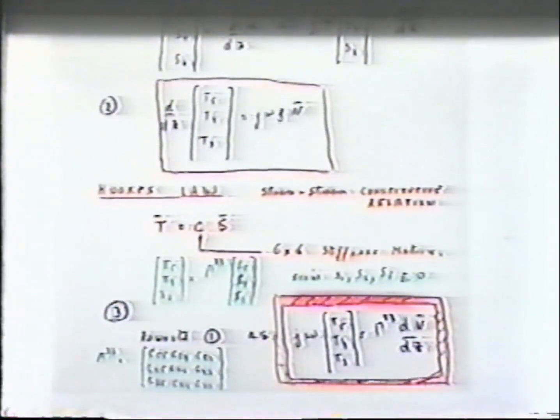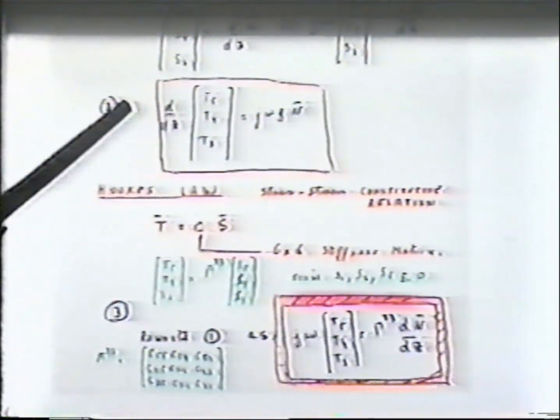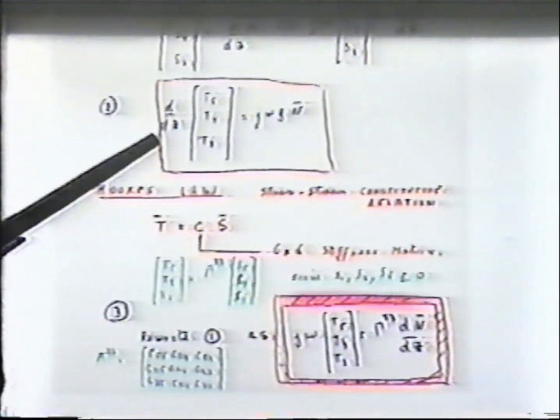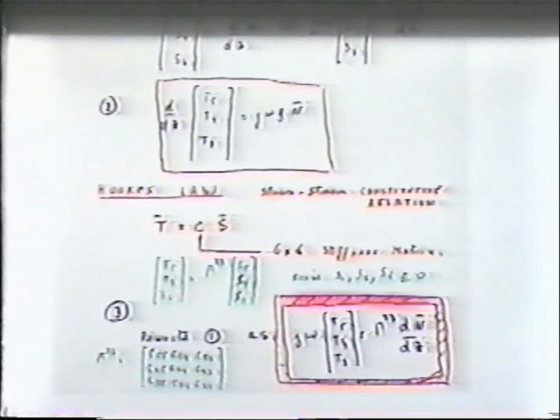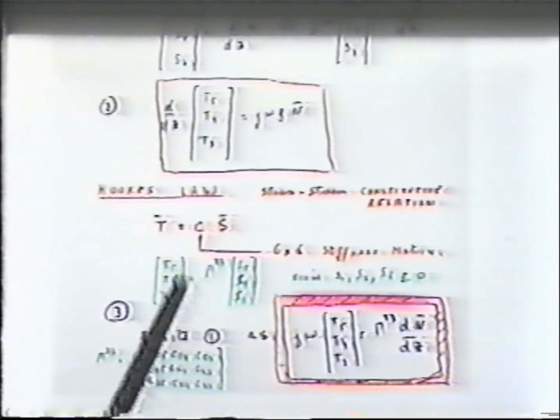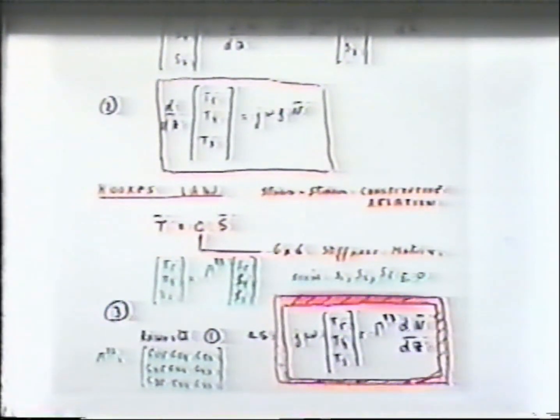So I now have enough, I have reduced my problem to as many statements as variables, okay? This is 3 variables here, and 3 variables here is 6. I have the same 3 variables here and here. And these are 3 equations and 3 equations. So I have the right number of equations for the number of variables I'm looking at.